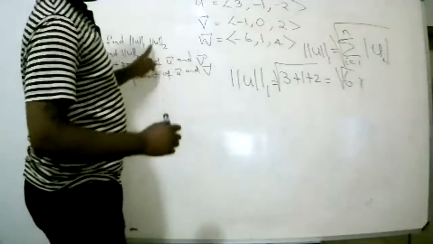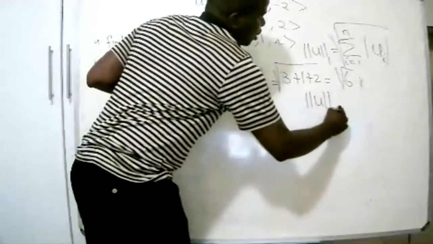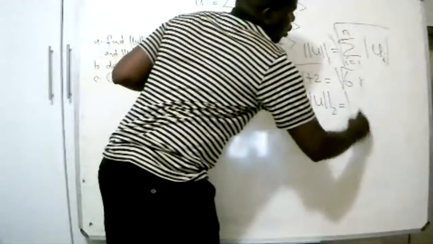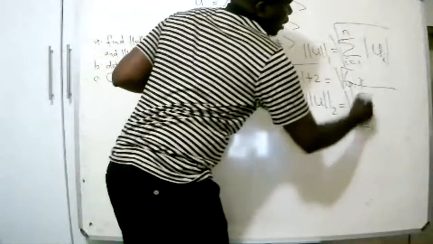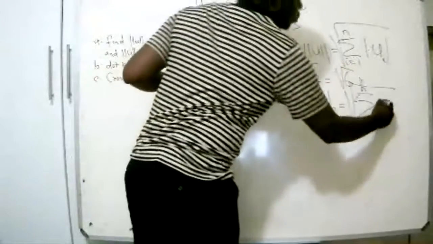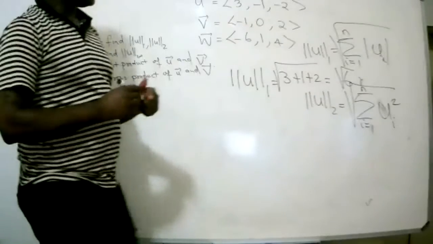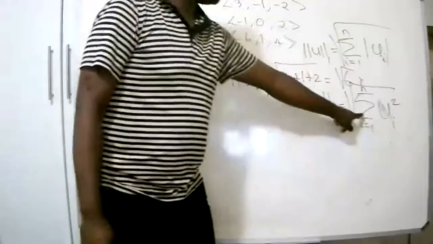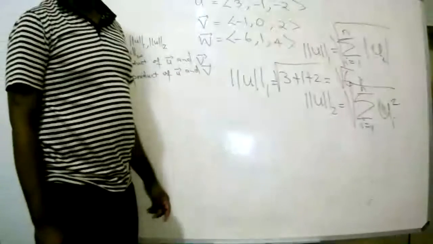All right, then now the 2 norm of u is given by the formula: root of the summation from 1 to n of, now we are no longer having the absolutes, but we are having ui squared, like that. In other words, we square the u's, take the summation, and from there we take the root.